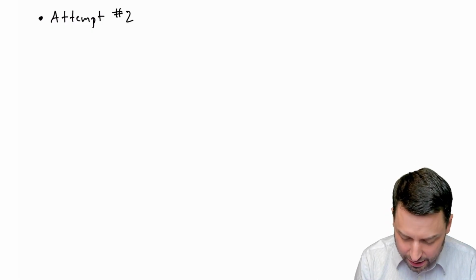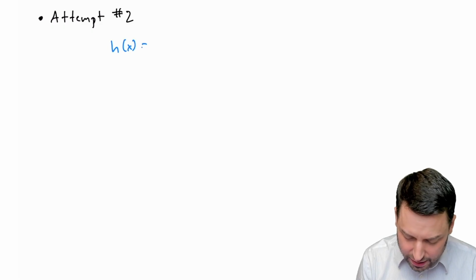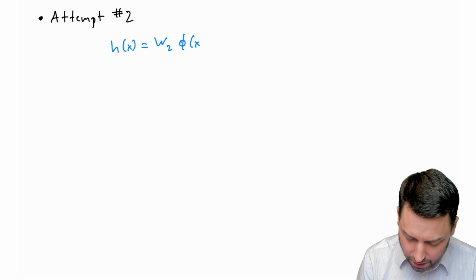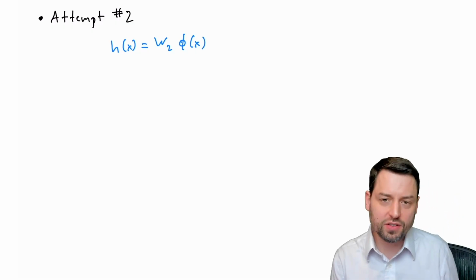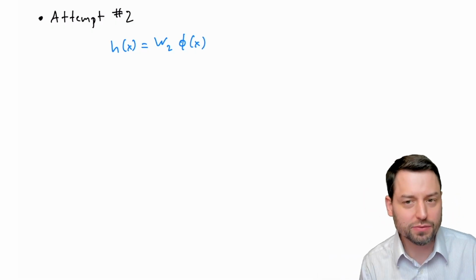We're going to take h of x to be equal to W2 times phi of x. And I'll pretty soon stop writing phi at all because I don't really need to write it.